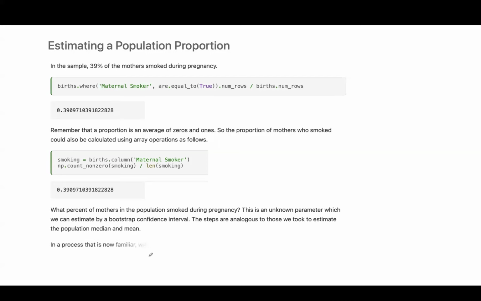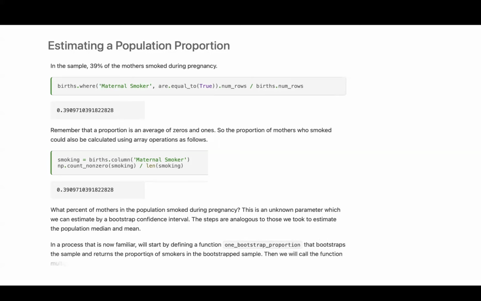In a process that is now familiar, we'll start by defining a function, one bootstrap proportion, that bootstraps the sample and returns the proportion of smokers in the bootstrap sample. Then we'll call the function multiple times using a for loop and get the 2.5th percentile and 97.5th percentile of the bootstrap proportions.